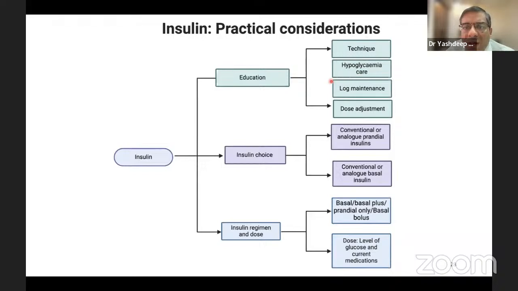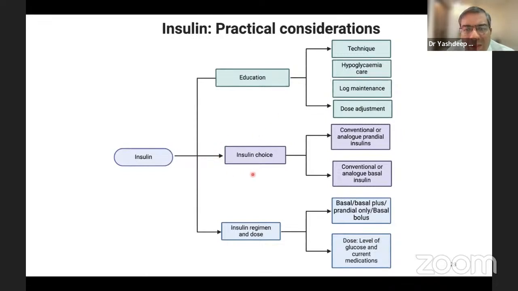Then it is good to teach how to maintain a log so that we can adjust insulin accordingly. And if the patients are intelligent enough, it is wise to teach them dose adjustment so that they do not have to depend only on visits to a doctor every 3 months for dose adjustments. So the education part is very critical in the management of type 1 diabetes, and along with that are sick day rules to prevent diabetic ketoacidosis.